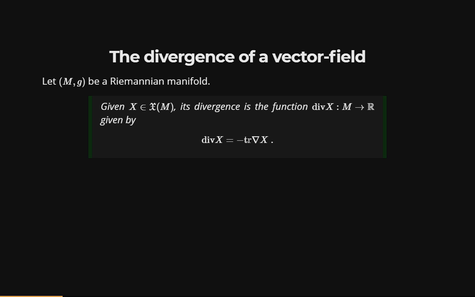Now, first things first, this minus is inconsequential. I mean, half of the references will tell you minus, the other half will tell you plus. Why? Well, because it depends on what you're using it for.